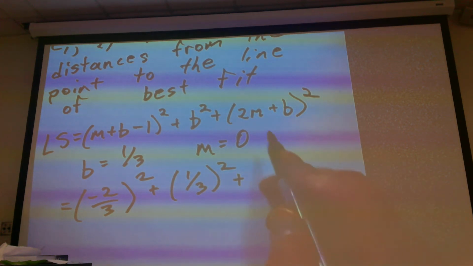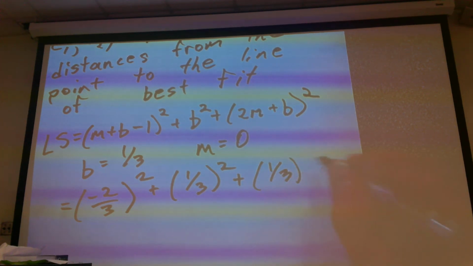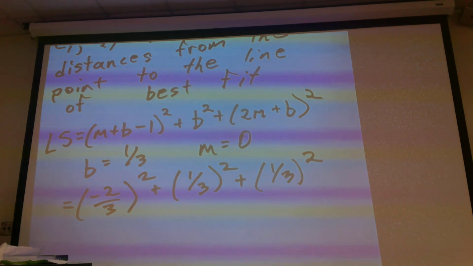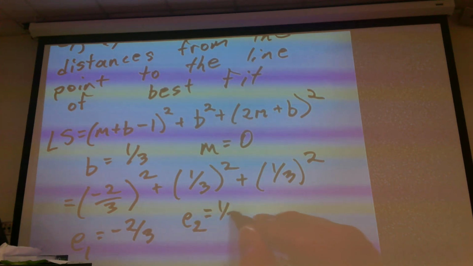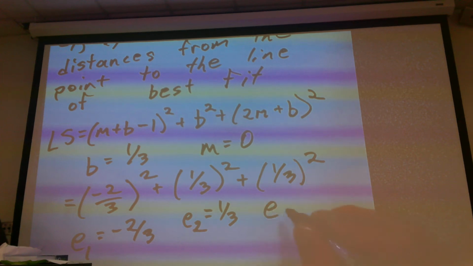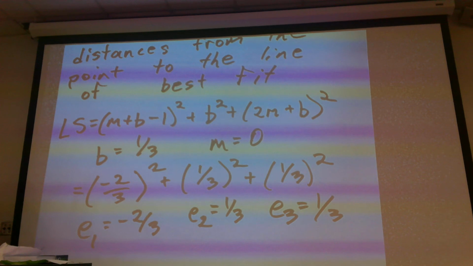And then this guy, the 2 times the m is just, that's going to be 0, and plus 1/3 squared. So E1 equals negative 2/3, E2 equals 1/3, and E3 also equals 1/3.